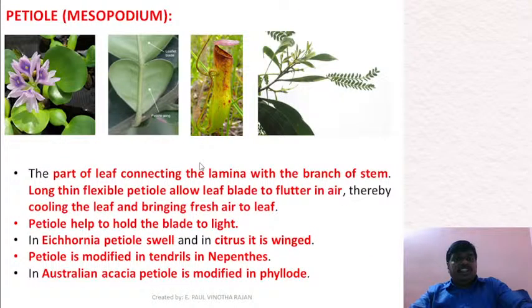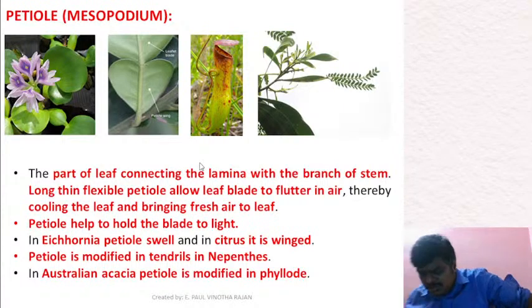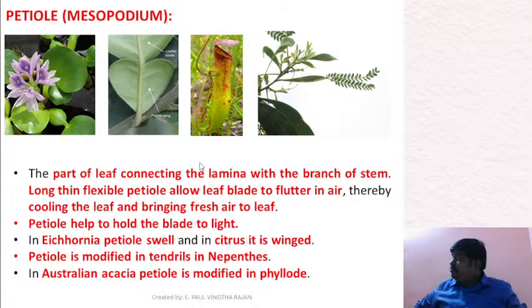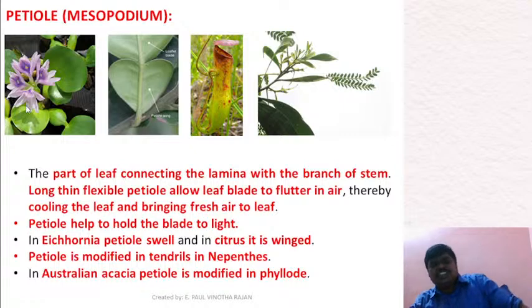Next we are going to talk about the petiole. I have told you, the petiole is the stalk of the leaf. We call it the petiole. It is also called mesopodium. You can see it here, this is Eichhornia, the water hyacinth.